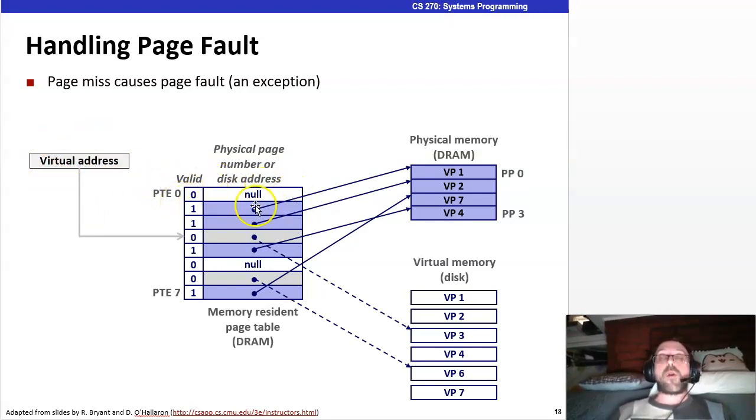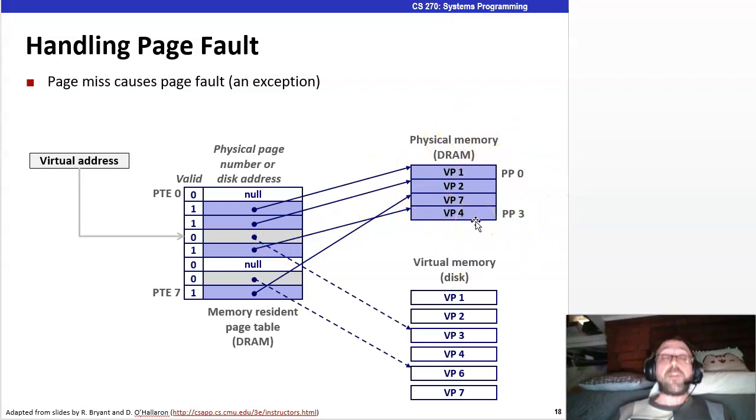Now, if that were a null mapping, then the operating system would just say, oh, sorry, I can't do anything, and terminate the process, or something along those lines, the dreaded segmentation fault. But if that page does have a valid disk address, then the operating system can load it into RAM. Now, we might have a problem there. RAM might be full.